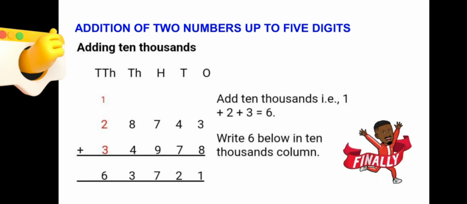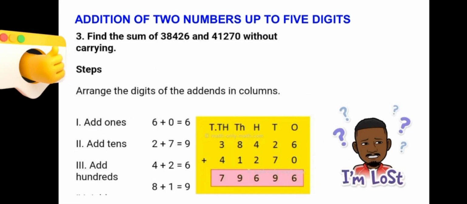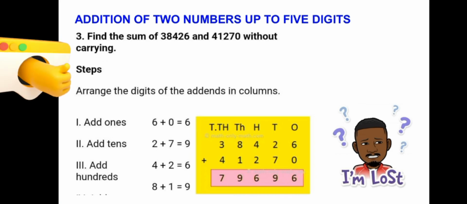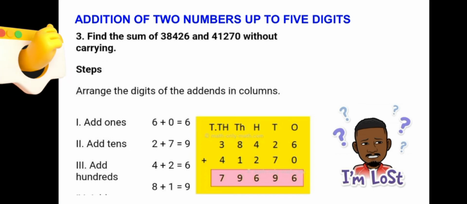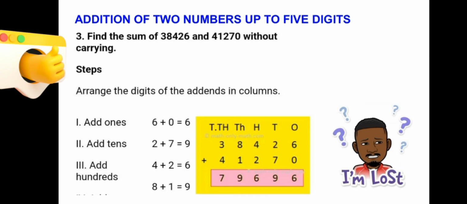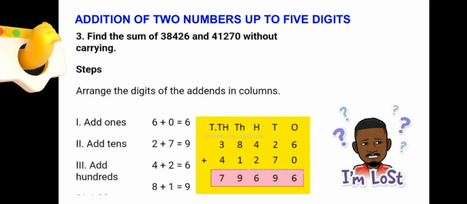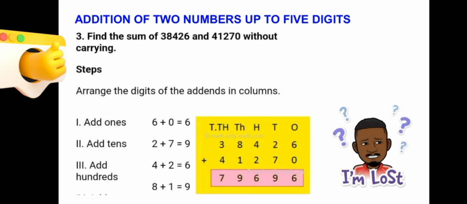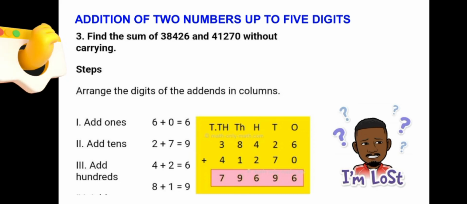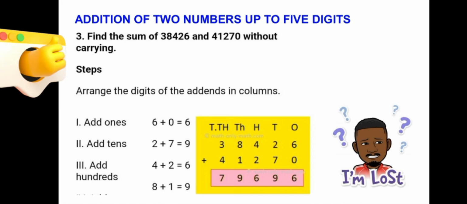So now let's move to addition of two numbers up to 5 digits without carrying. In this case, we have number 3, find the sum of 38426 and 41270 without carrying.